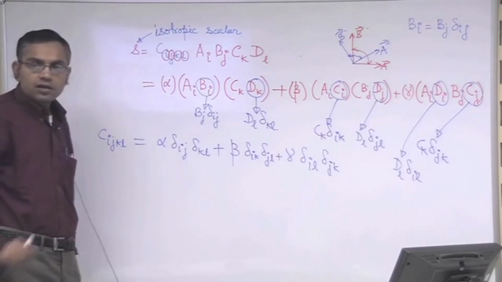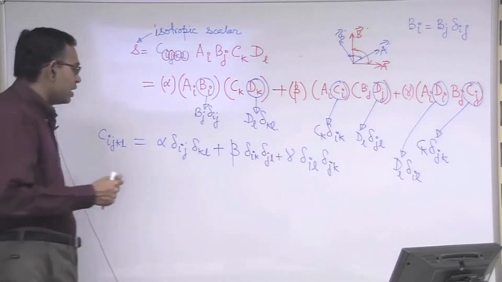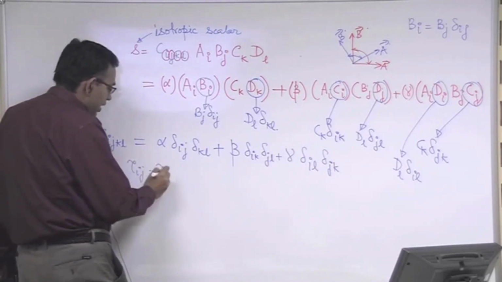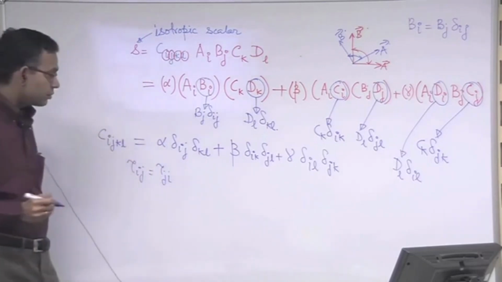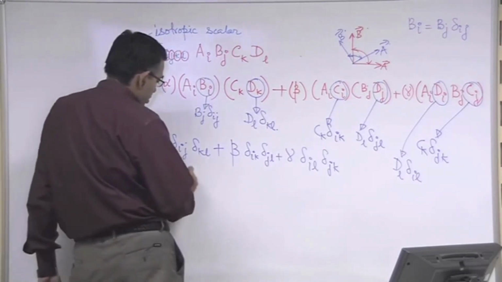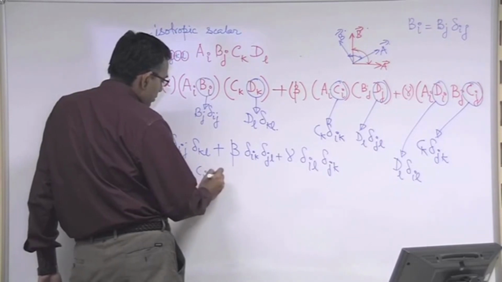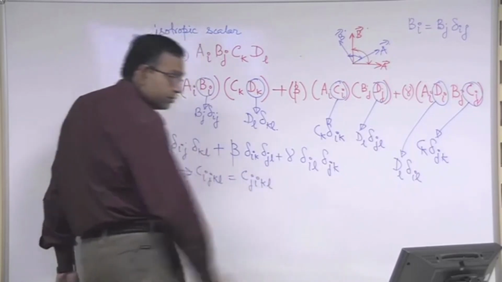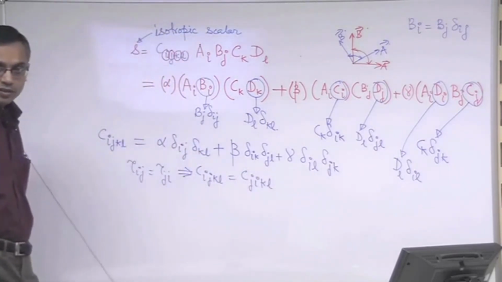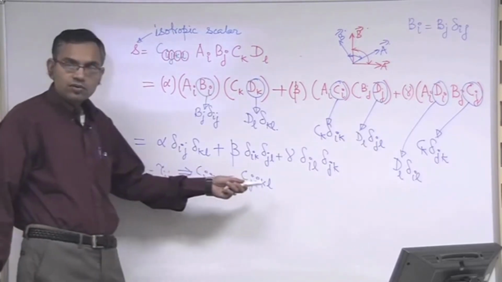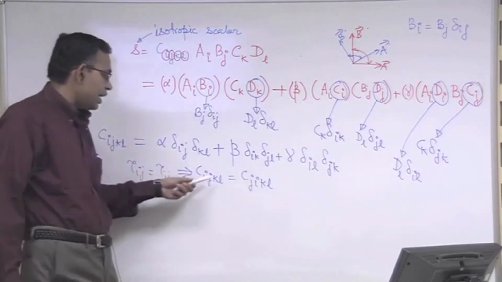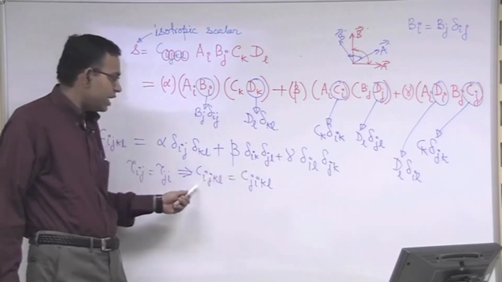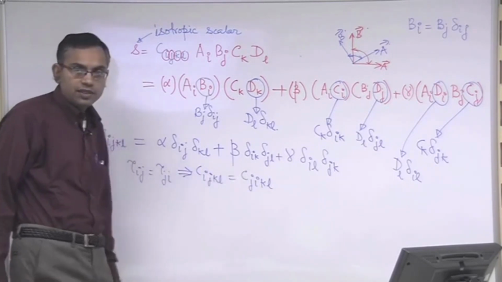Now these are three constants. We can bring the number of constants further down by noting that tau ij is equal to tau ji, right. That means Cijkl is equal to Cjikl, right, because tau ij is Cijkl ekl, tau ji is Cjikl ekl, therefore Cijkl and Cjikl must be the same.